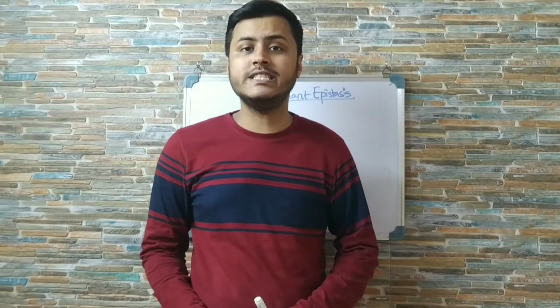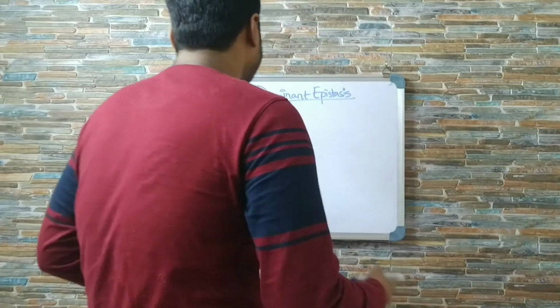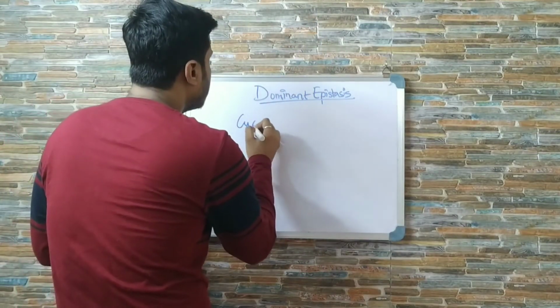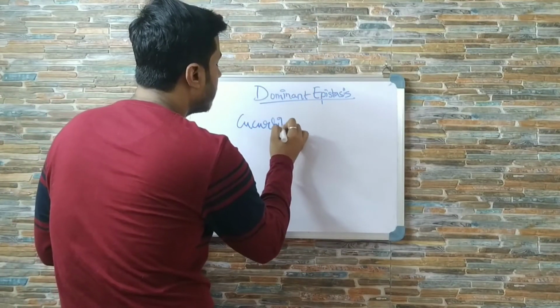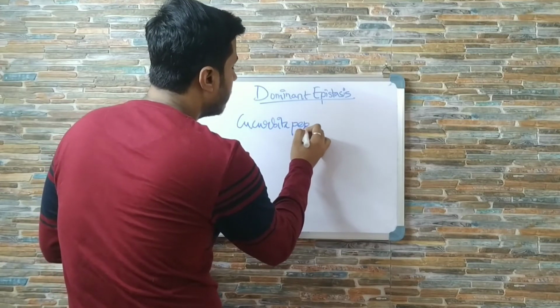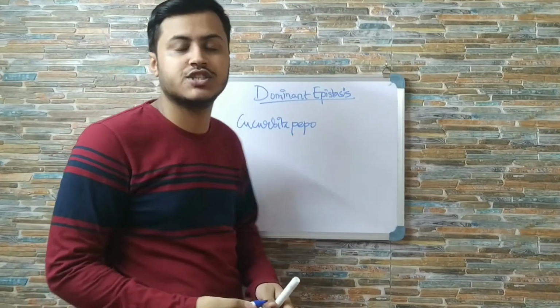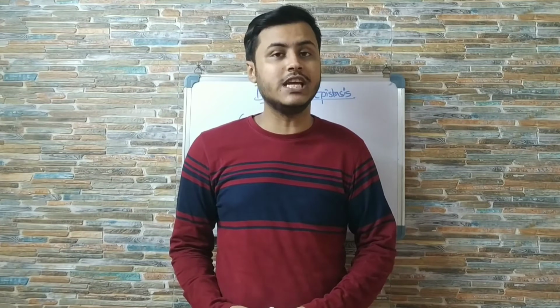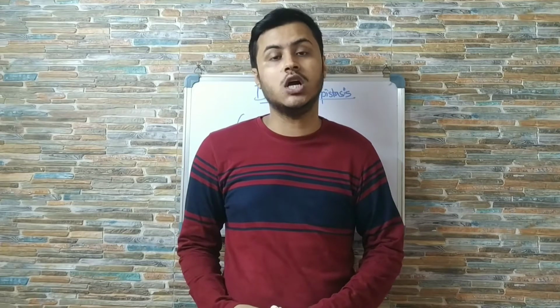Now, for dominant epistasis, suppose we take the example of Cucurbita pepo, or summer squash, which has fruits of three colors: white, yellow and green. White is dominant over the other two colors.